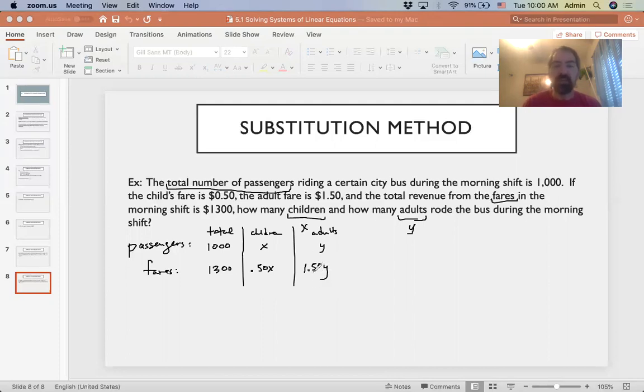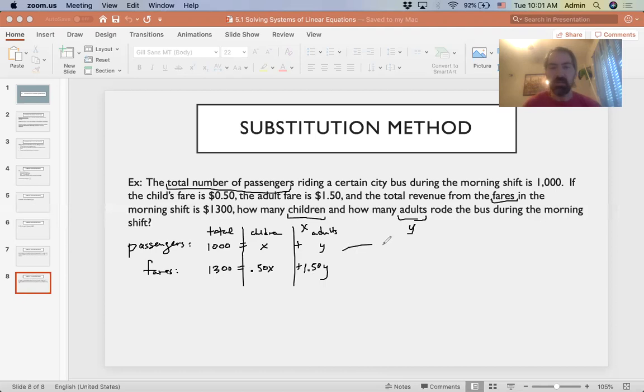Okay. And so this gives us our two equations, right? 1,000 is equal to X plus Y. The 1,300 is equal to 0.5X plus 1.5Y. And then we can proceed with the substitution method as we've done previously.